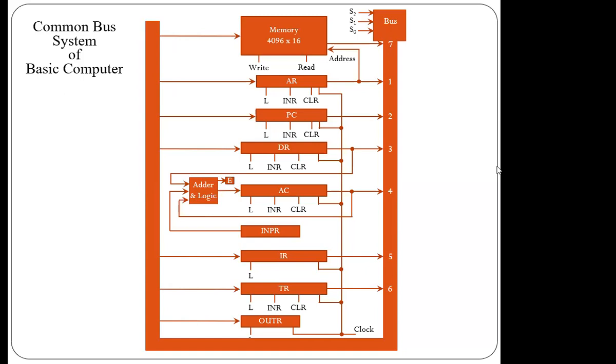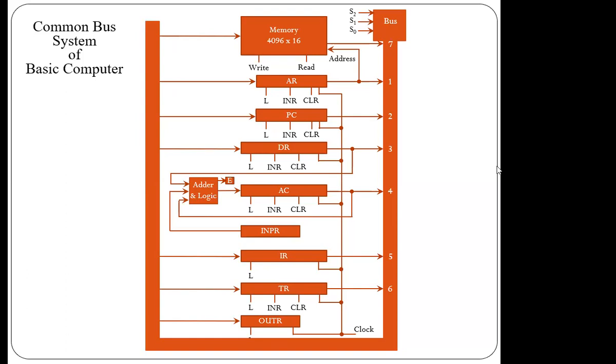Let's suppose this is your bus, right? Then this register will be writing its contents onto the bus by setting S2, S1, S0 to 1, 0, 0, right? I hope the concept is clear.